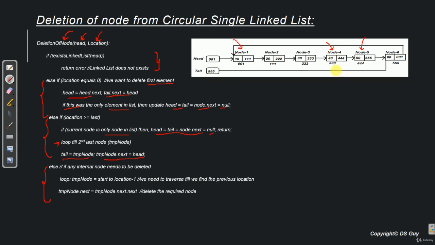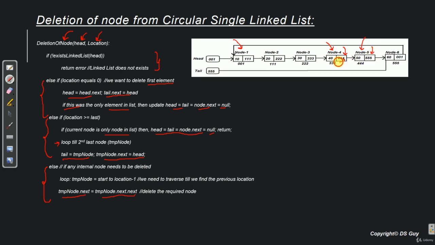Once we are at node 4, we say temp node.next, which is this part, we need to update the reference of node 4 with temp node.next.next. So what is temp node.next.next? This is temp node. Temp node.next is this. Temp node.next.next is this.